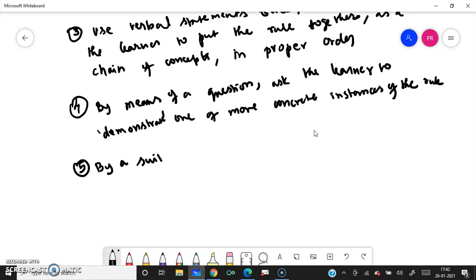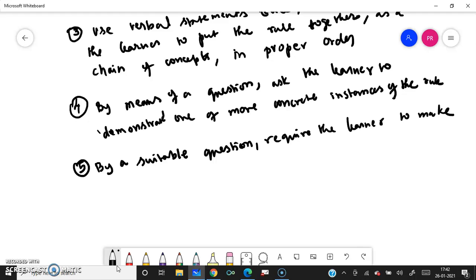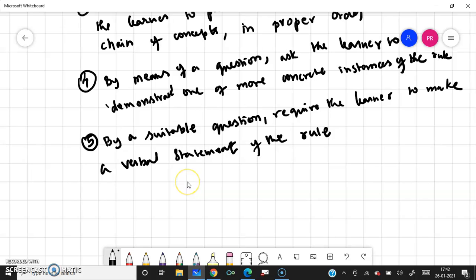A suitable question so that the child can restate whatever the rule is, to make the verbal statement of the rule, right?